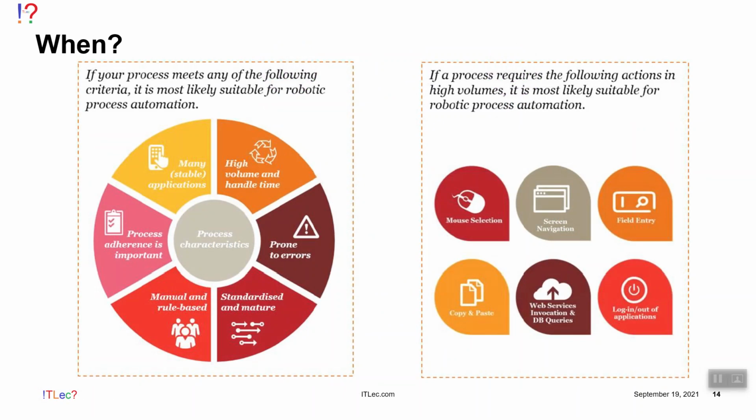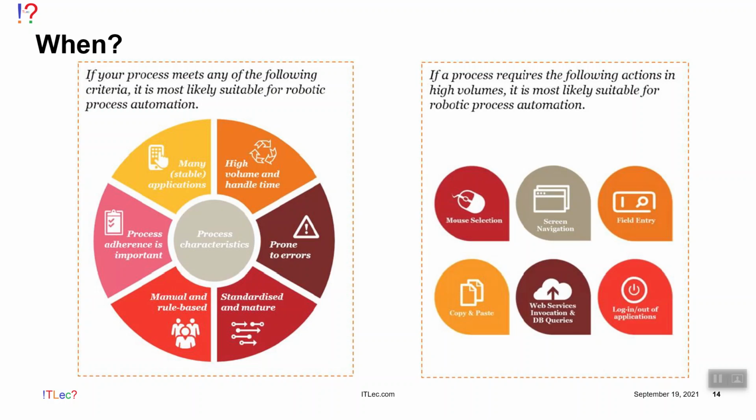For functional, for example, if we have a high volume of requests or repetitive tasks prone to error, where maybe the human can make a mistake, the process is standardized and mature, a manual and rule-based process is important, and at the end of the day, the application is stable.